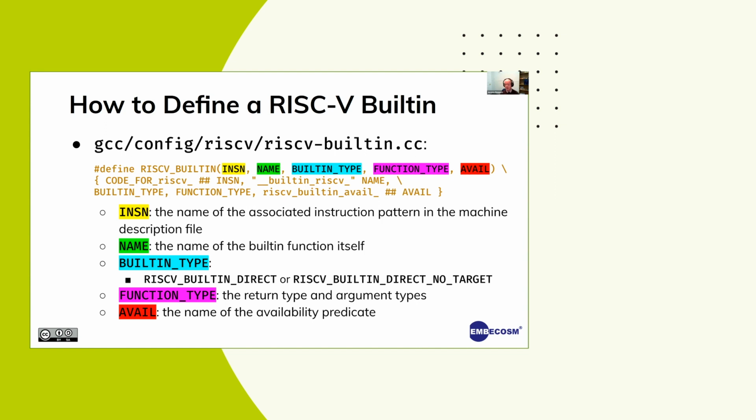The function type itself will give both the return type and the argument types, and then the availability predicate. This is a predicate macro that's used to say, is this particular built-in available? Because I'm only going to make the built-in to set event load word available if we've actually specified the event load word instruction set extension. There's no point otherwise.